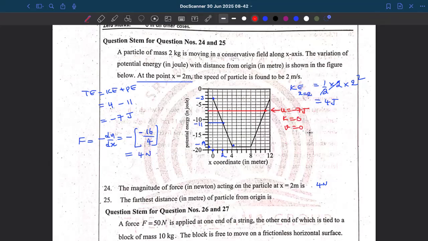Velocity is 0, so it can't cross this point. So what is that point? That point here is x equal to minus 11. So the answer is the farthest distance, here we should not put minus, 11.